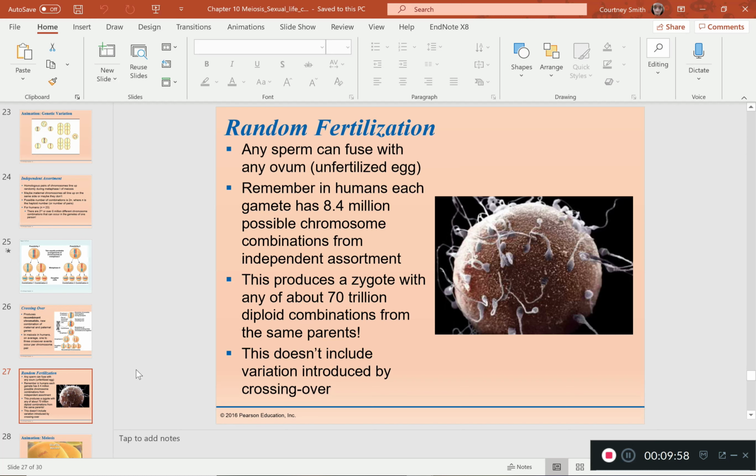So IVF is not really true random fertilization. True random fertilization is when a male and female come together and have consensual sex. That is along the lines of random fertilization, because the man cannot control which sperm gets there and the woman cannot control which egg is fertilized. So it's completely random. Okie dokie.